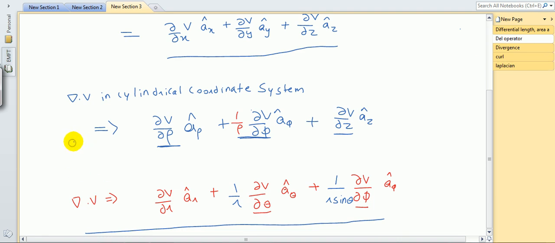So what this gradient tells is the maximum rate of change of V, where V is the scalar, and it also tells about the direction in which the rate of change is happening in V. So the gradient of a scalar field is the maximum rate of change of V.